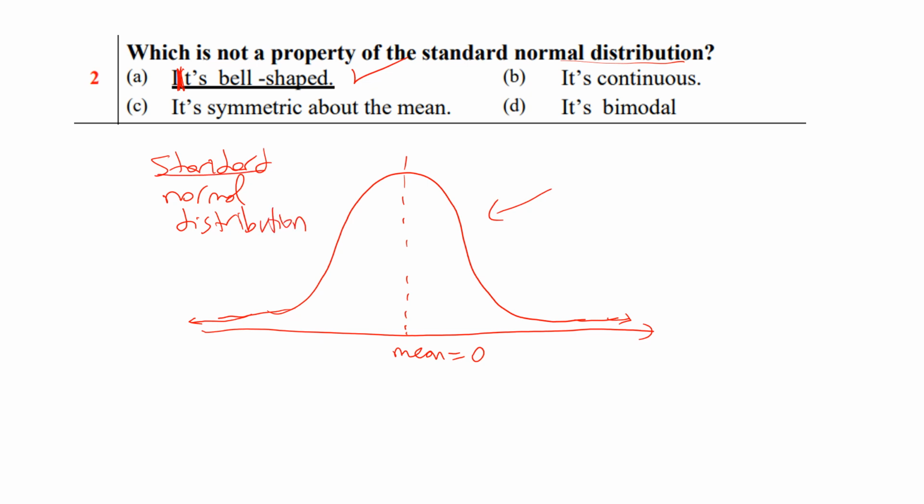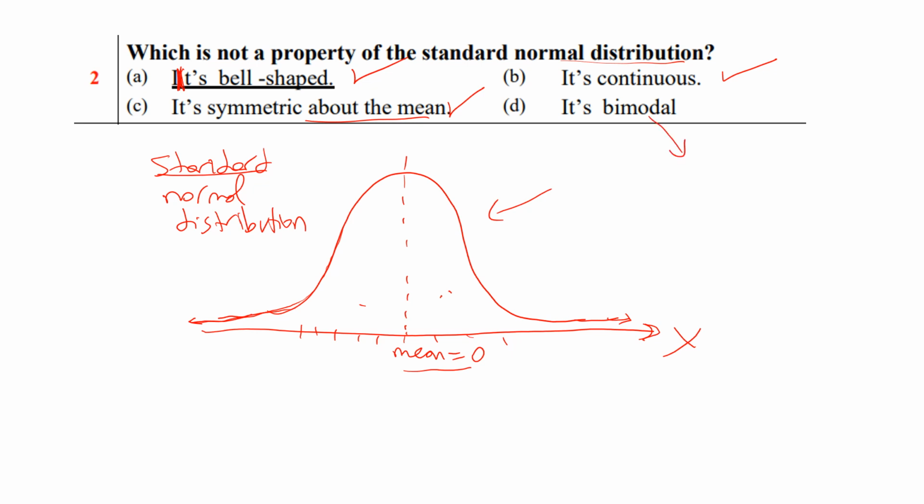And it's symmetric about the mean. Yes, this is true, as you compare the two sides of the mean. And it is continuous. Yes, it is continuous, so the x values can take any value in this interval on the x-axis. And it says bimodal.